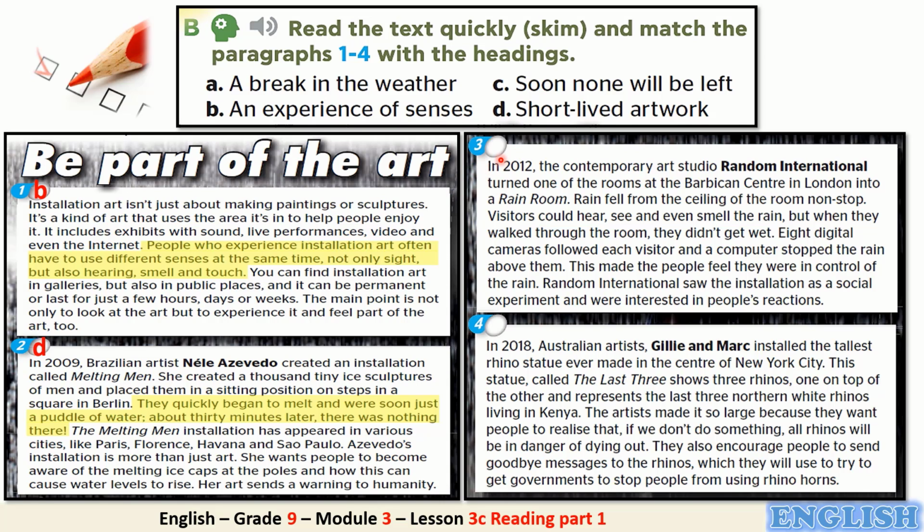What is the suitable heading for this paragraph? Well done, my students. It's A, a break in the weather. Can you find a clue to justify this answer? That's right. It's here in this part, line 3, 4, and 5.